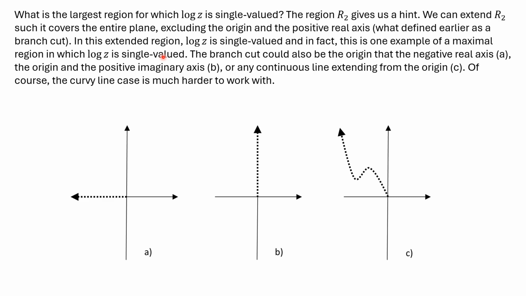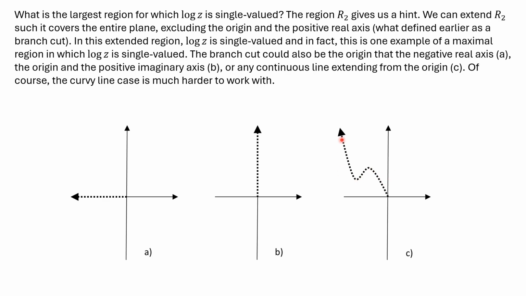We have other possibilities, which I've shown just a few here. There's an infinite number, but we can pick the branch cut to be the negative real axis, including the origin, and then everything excluding this ray would be where log z is defined and single valued. Or we could pick the positive imaginary axis, or we could have strange continuous curves going from the origin out to infinity.